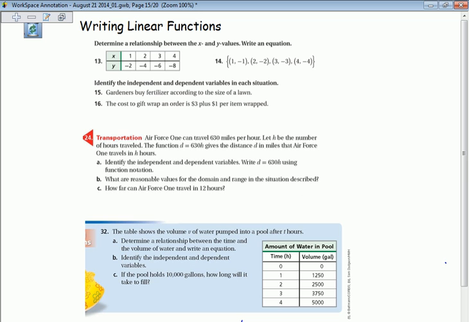Okay. So if we look at number 13, and we try to determine if this has a constant rate of change, we're looking at the change in our y's over the change in our x's. What is the change in our y's? They're going down by 2. And what is the change in our x's? Up by 1.